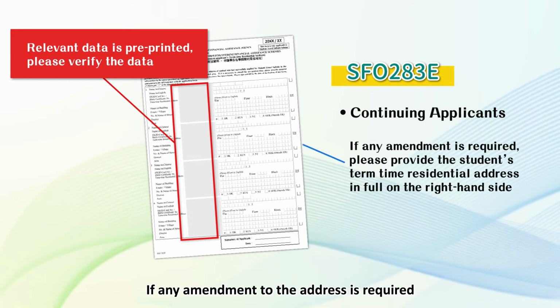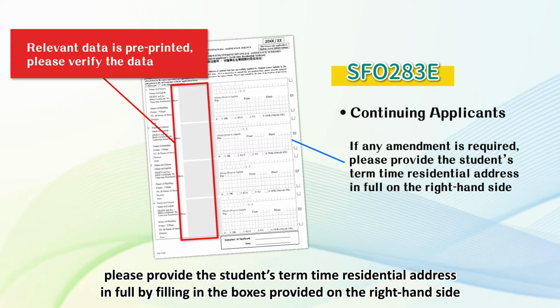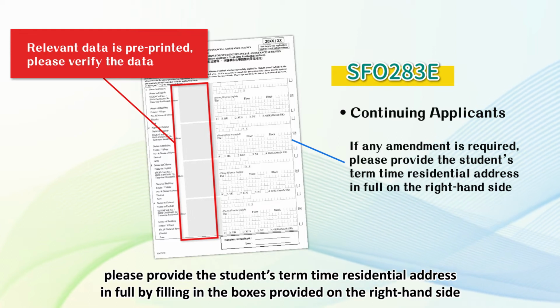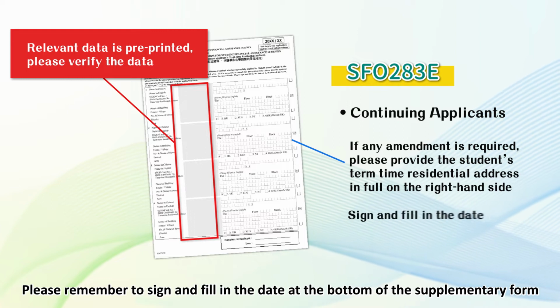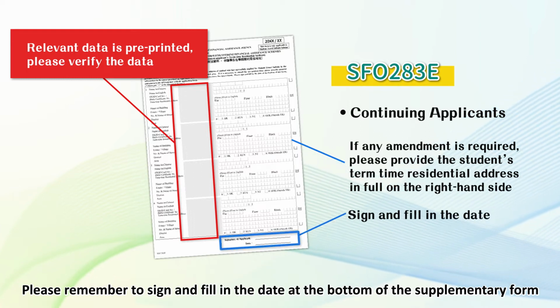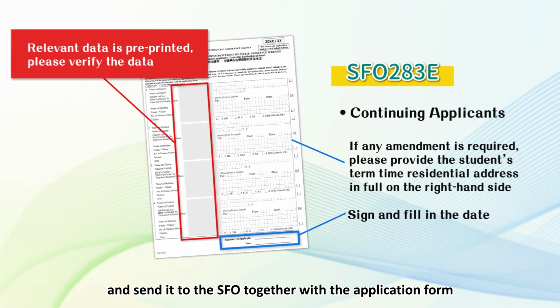If any amendment to the address is required, please provide the student's term time residential address in full by filling in the boxes provided on the right-hand side. Please remember to sign and fill in the date at the bottom of the supplementary form and send it to the SFO together with the application form.